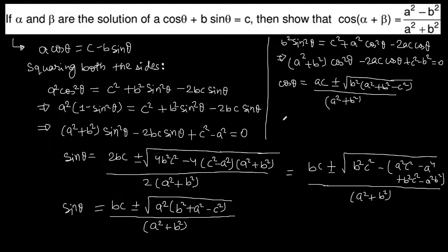So cos alpha plus beta is nothing but cos alpha cos beta minus sin alpha sin beta.